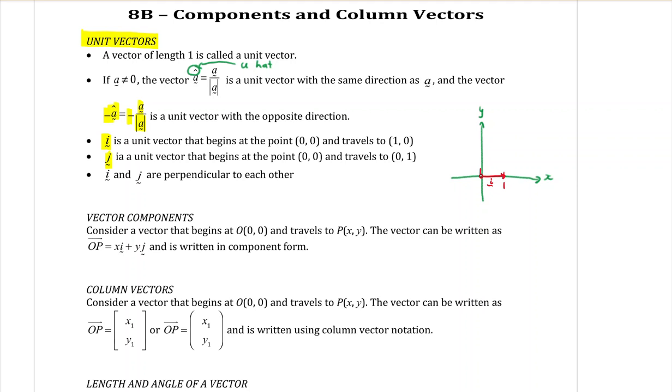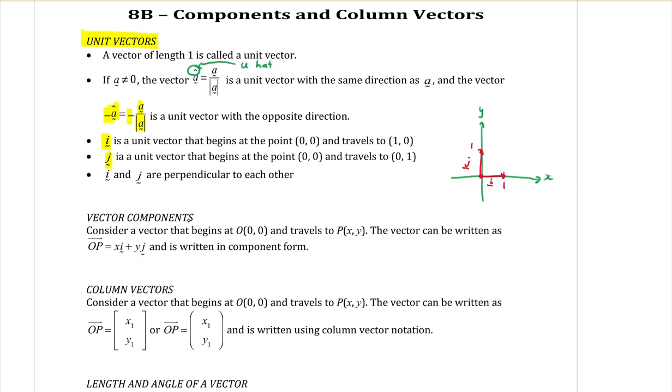And going this way, if I go 1 space on the y-axis, that's going to be my unit vector J. Okay, I and J. And it's also important to note that I and J are perpendicular to each other. Okay, that's going to come in handy.